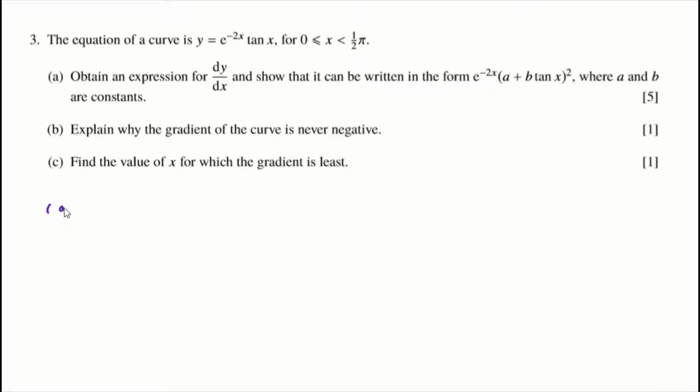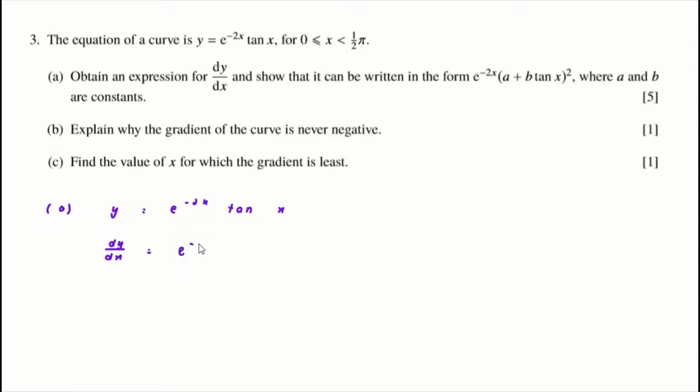So this is for A. y equals e to the power negative 2x and tangent x. Obviously we need to do the product rule, so u and v. So dy/dx will be equal to, I guess you should be quite familiar with this, so I'll do that straight away. Let's do u v prime.